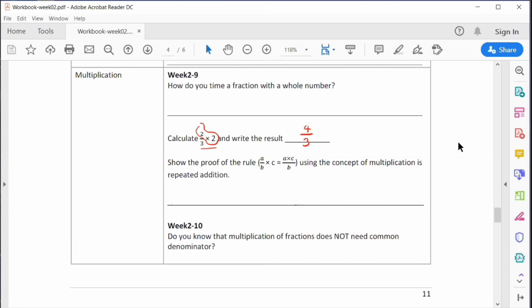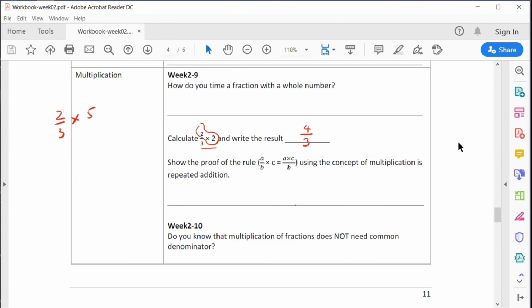You can make it simple by using numbers for your fraction. It's okay for you to use something like 2 out of 3 times 5 as an example to show why it works like that. You don't have to use A over B. That's too hard for you.